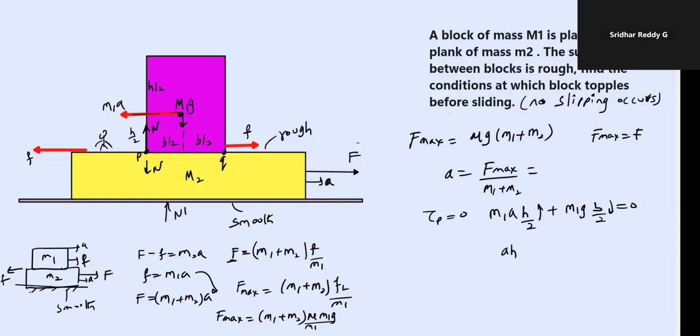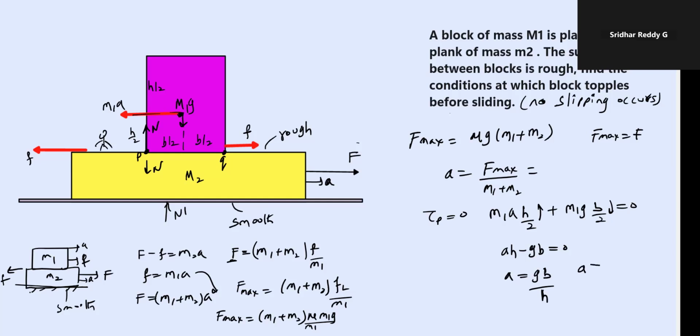So what should the acceleration be? g b by h. If the acceleration is greater than this, the block will topple about P. Less than this, it will not topple.